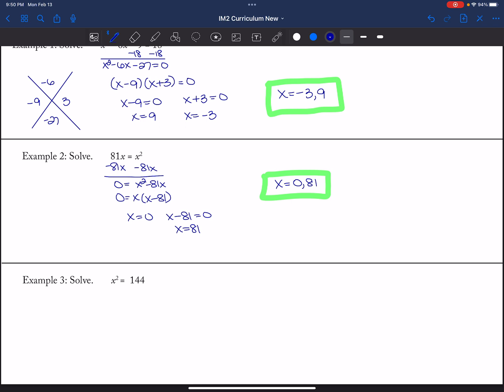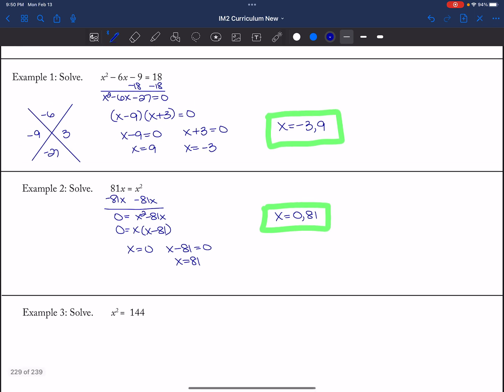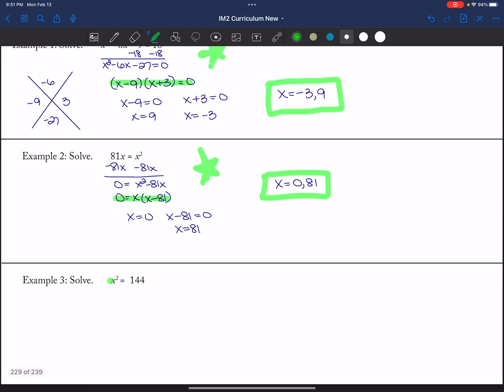But in this case, let's be clear. These cases up here, here and here, you had two sets of parentheses. So when you have two sets of parentheses, it has to be equal to 0. Here, I just have x squared is equal to 144.